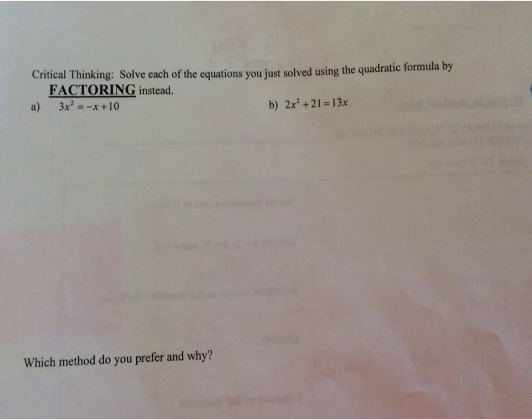So if I have 3x squared equals negative x plus 10, now if I'm going to factor, we have to keep the x squared term positive. So I keep the 3x squared right where it is, and this time add x over and subtract 10.